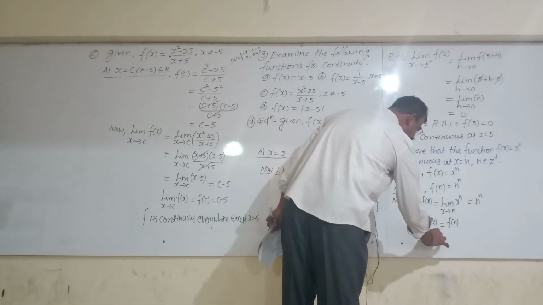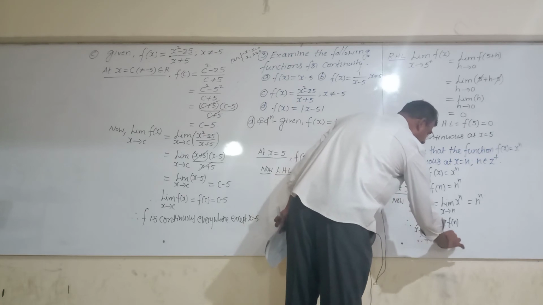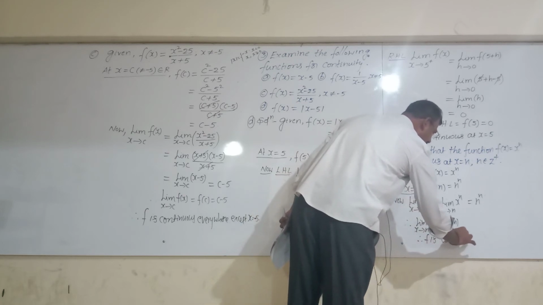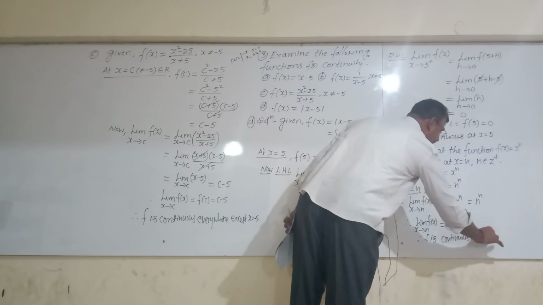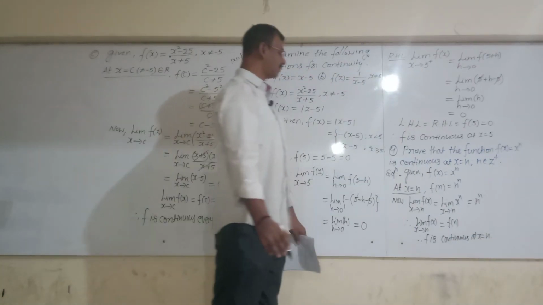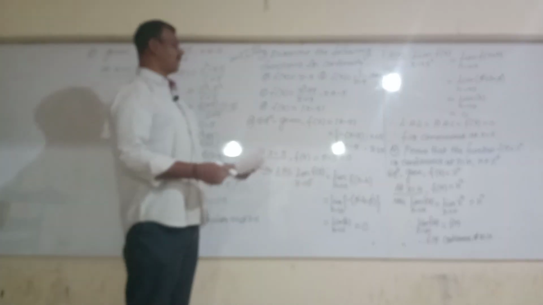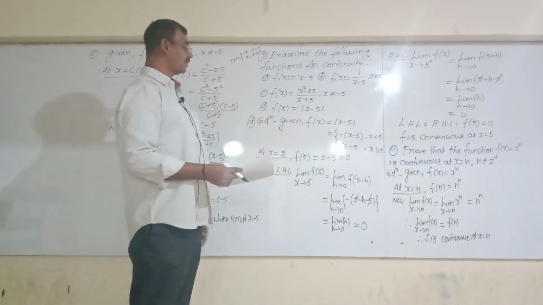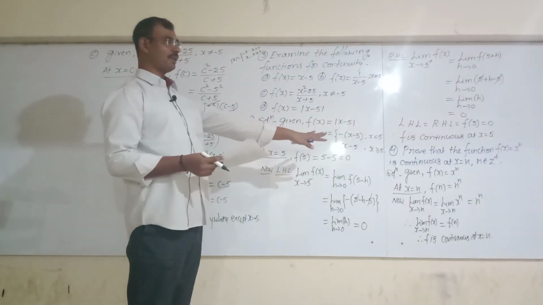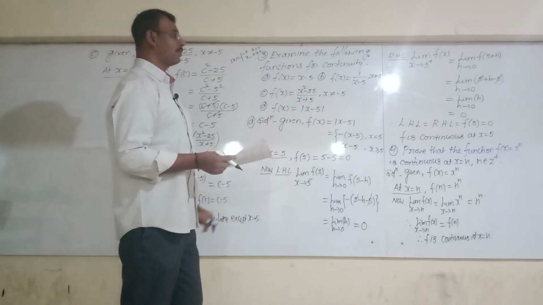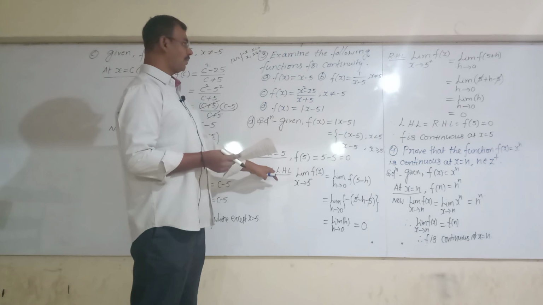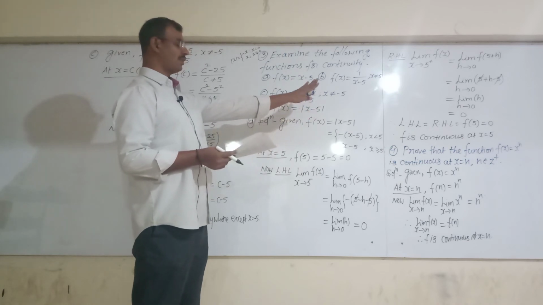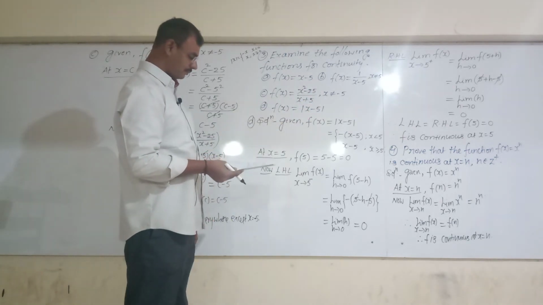Therefore, f is continuous at x is equal to n. So if there are no breaking conditions, you should do it by the normal method. If there are breaking conditions, we should apply the left hand limit and right hand limit, and finally show the answer like this.